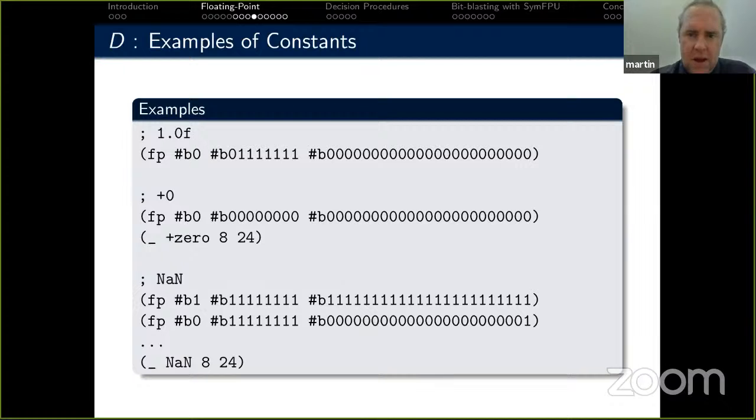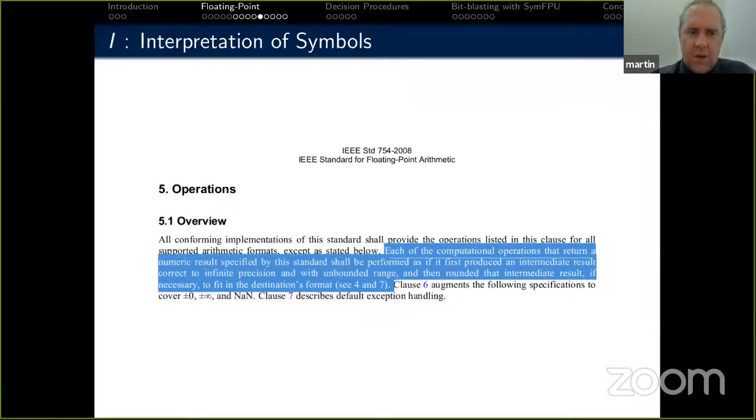So that's our domain. Then we need to talk about the interpretation of the symbols. This is our map. This is what the heart symbol means. So this is the really key bit from IEEE 754.